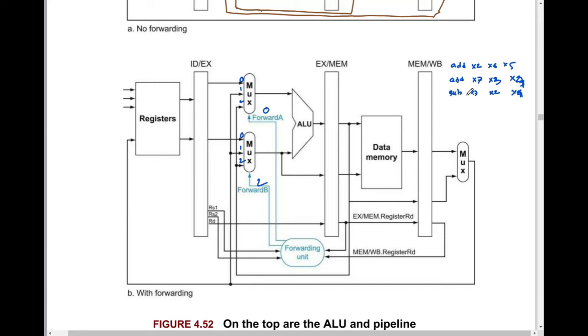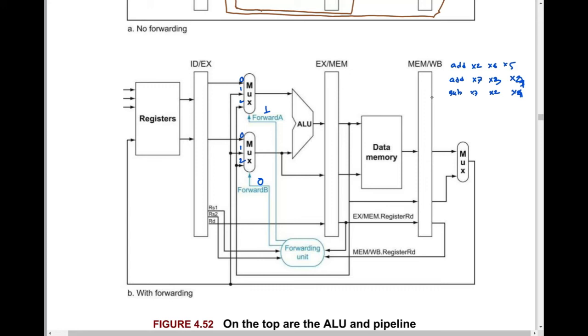In this case, during the execution of the third instruction, you need to forward the result from the last register. So what should be the value of Forward A? Here the value of Forward A should be 1 and Forward B should be 0. Why 0? Because in case of RS2, again the original value should go, right?